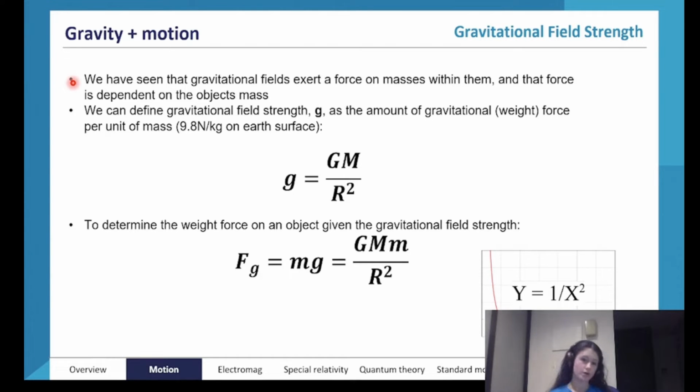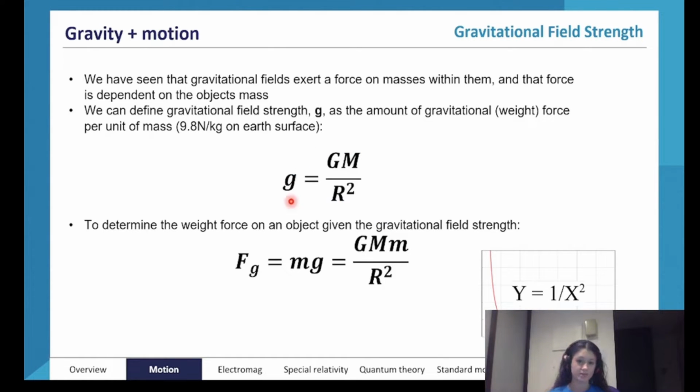So on Earth, our g is 9.8 newtons per kilogram. However, of course, the gravitational field strength is going to be different at different areas. The gravitational field strength on the moon is a lot less because the moon is a lot smaller, so it has a lot less gravity.